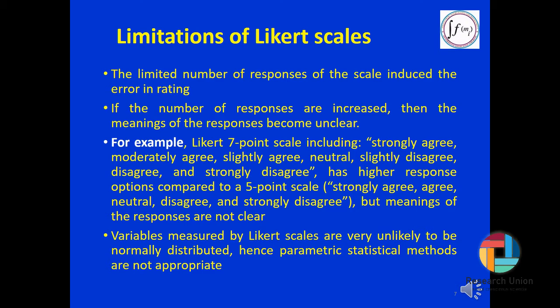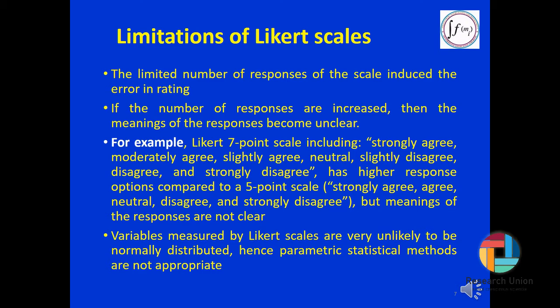So only a limited number of options. If we increase the number of options, like the Likert 7-point scale, including strongly agree, moderately agree, slightly agree likewise, it has more response options compared to the 5-point scale, but the meaning is not clear. Like when we say slightly agree and moderately agree, what does it clearly mean? The rater will get confused.